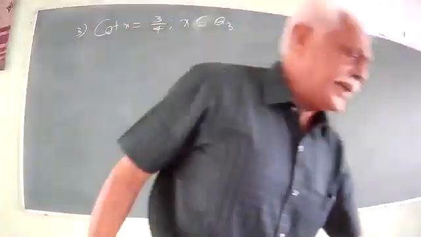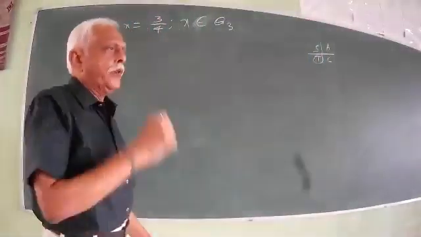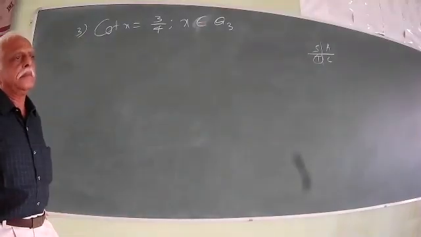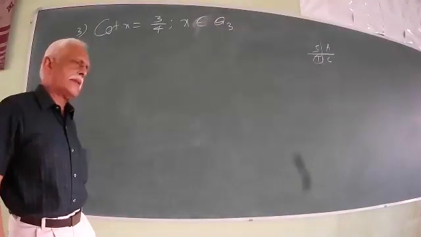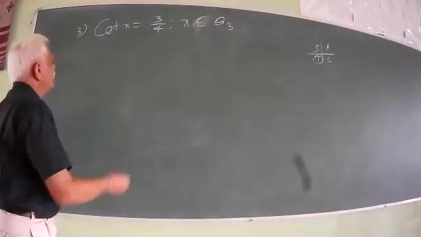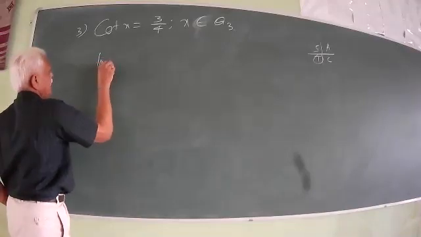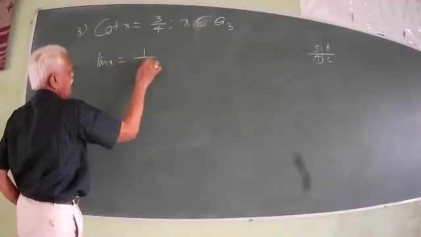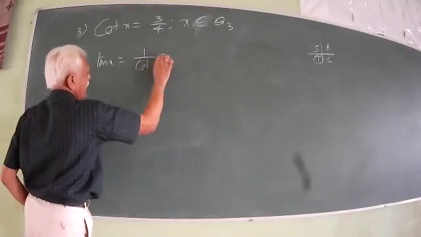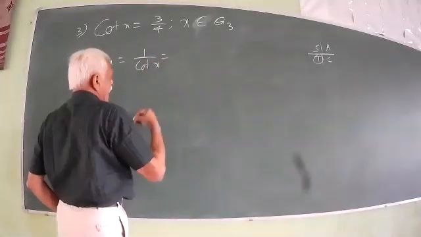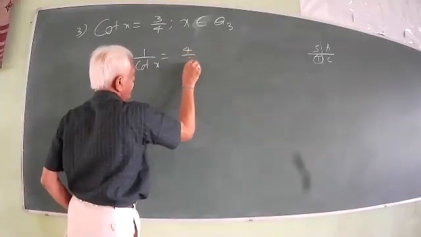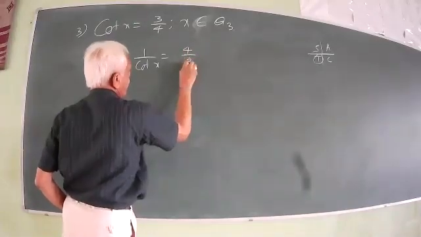So now cot is given. When cot is given, think of the identities. Now what is tan x? Tan x is 1 by cot x, which is 1 by 3 by 4, nothing but 4 by 3.